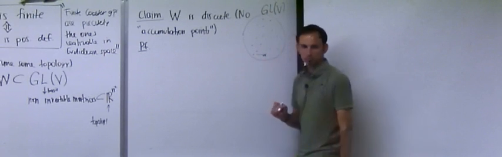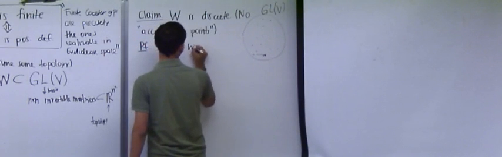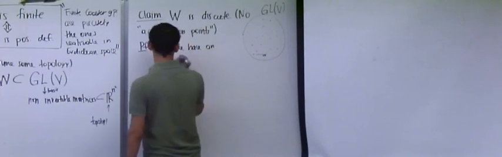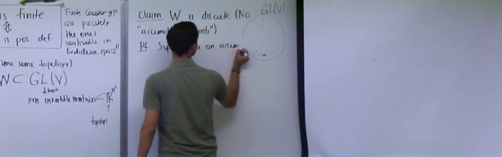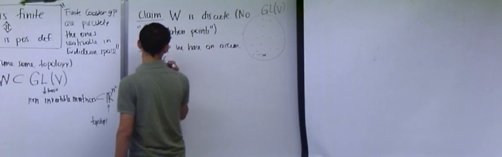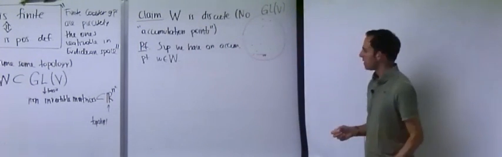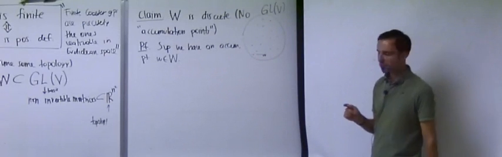So proof. How am I going to prove this? Well, let's suppose we have an accumulation point W, and let's prove that actually we don't. How do I prove that I don't have an accumulation point?